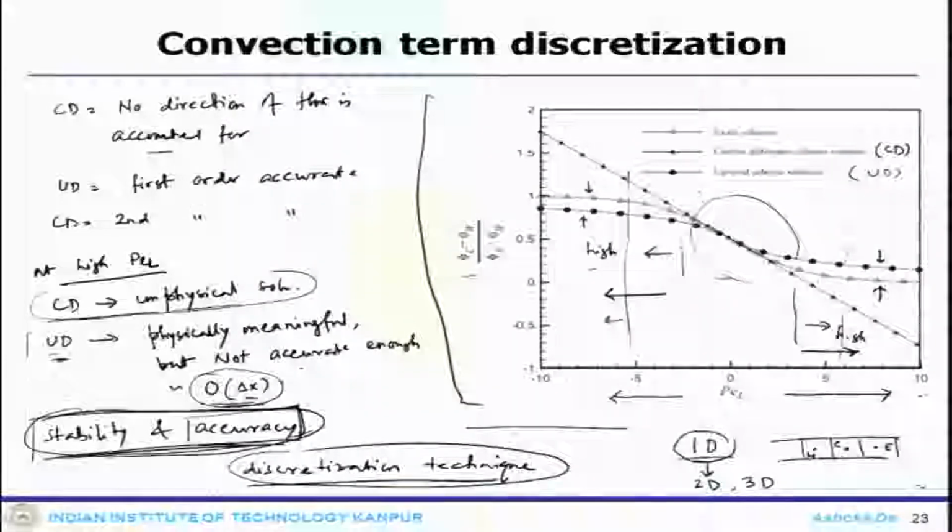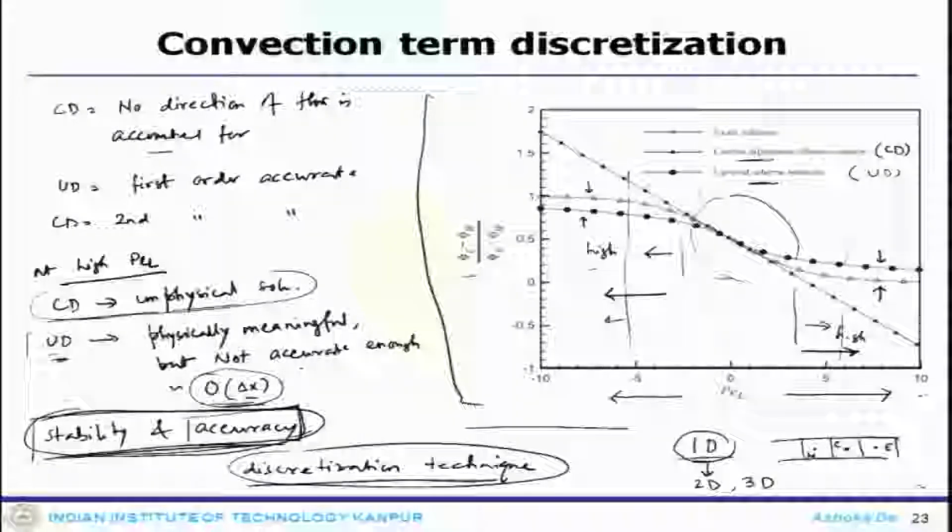Now, the point was that one has to make some trade off between these two. The central scheme is higher order accurate and the upwind scheme is lower order accurate, but at the same time the upwind scheme is much more stable, while the central scheme is not stable for systems where convection is dominant.